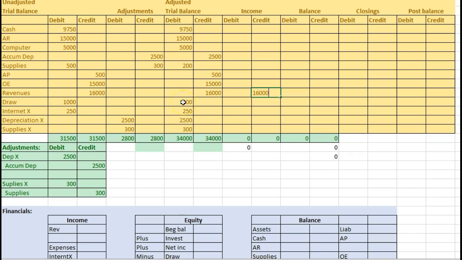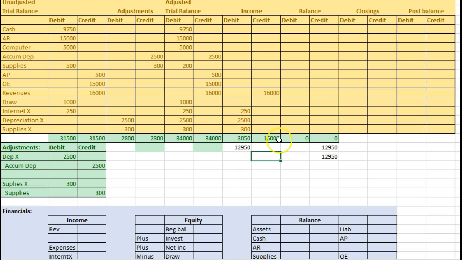A draw is not a revenue account. That's going to come into play when we do the equity statement. So that stays. We're going to do $250 expense on the debit side here. So $250, $2,500 is an expense, and $300 is an expense.